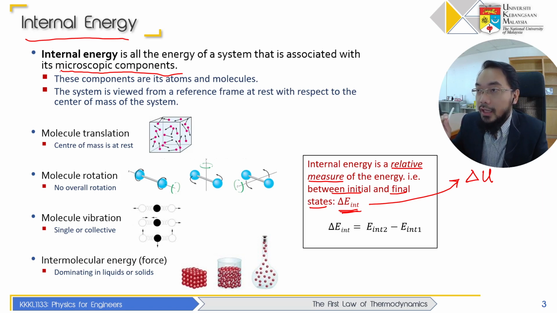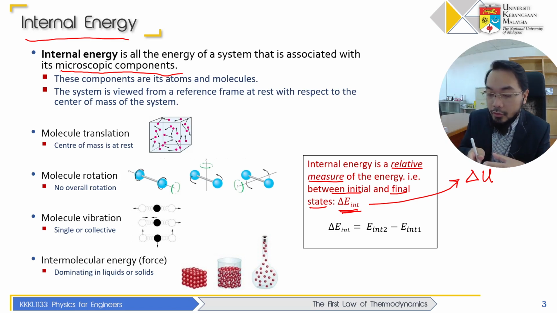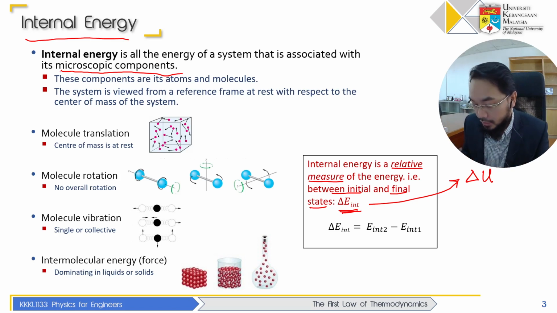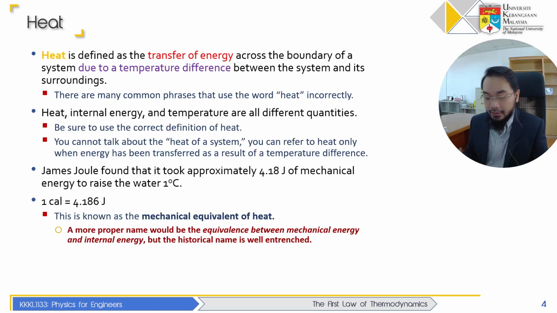You always look at delta P, which is the relative change in potential energy. So similarly here you are looking at the relative change of internal energy of a particular system when it goes from the starting of the thermodynamic process until the end of the thermodynamic process. So delta E INT is equal to the energy at the end minus the energy at the very beginning.